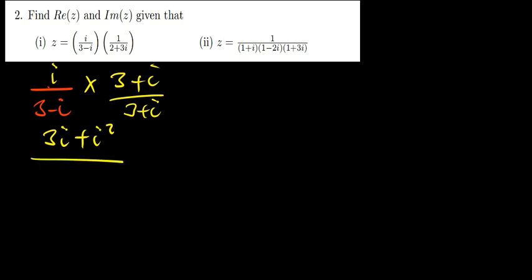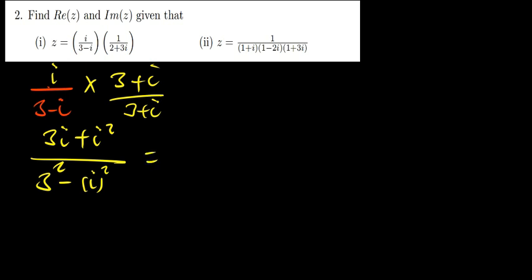So if I multiply by its conjugate, which is going to be 3 plus i, it will be i times 3 is 3i. i times i is i squared. I divide this by, here I'll just square the one having negative because I'm multiplying by its conjugate.